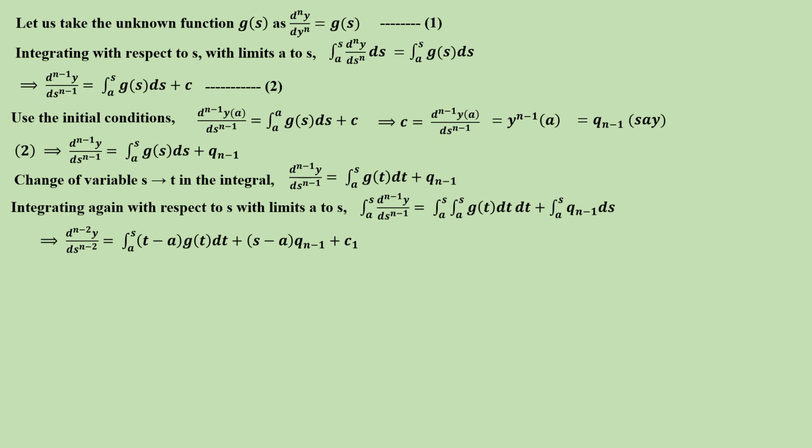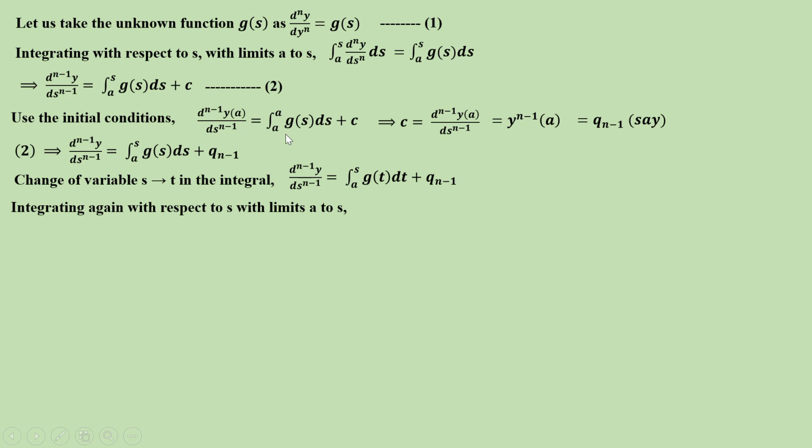In the previous step we integrated with respect to s only. So the first thing here is the integral from a to s of d^(n-1)y/ds^(n-1) ds, which is the integral from a to s of the integral of g(t) dt ds, not dt. So that is what we are integrating: the integral of ds is s, with lower limit a and upper limit s.